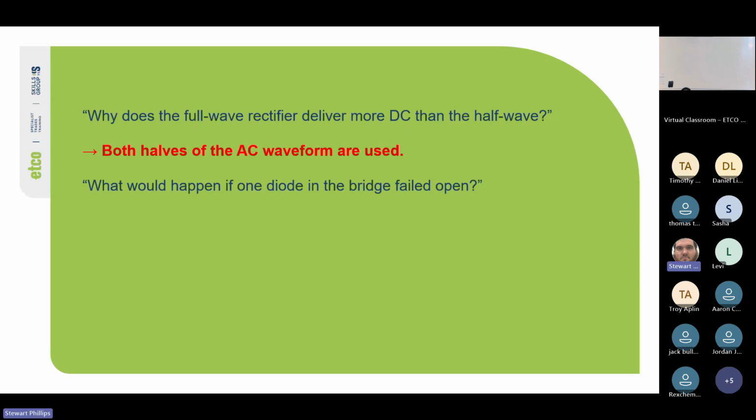Yeah, intermittent, but more specifically, all of a sudden we don't have one of our diodes.